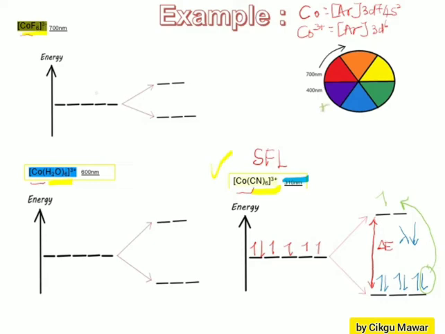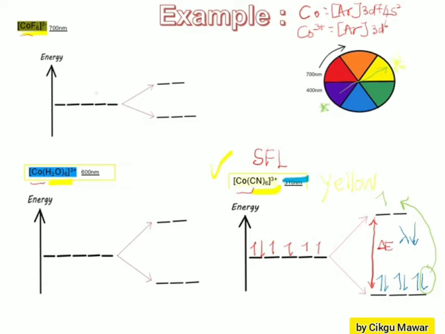So the hexacyano cobalt 3 ion will absorb the purple color, and the complementary color that appears is yellow. So this complex ion appears yellow because the complementary color is yellow.